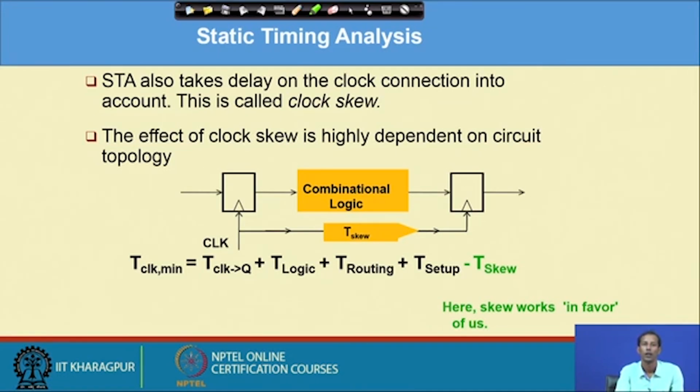Okay. So, here you see that STA takes delay on the clock connection into account, which is called this clock skew. The effect of clock skew is highly dependent on the circuit topology.